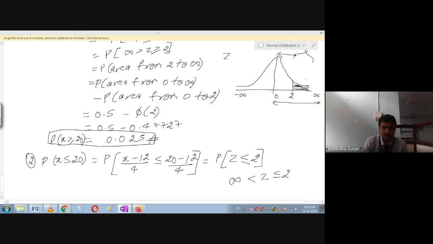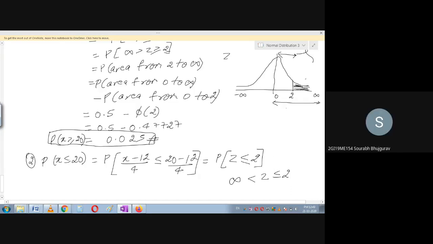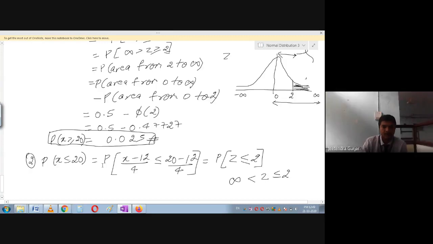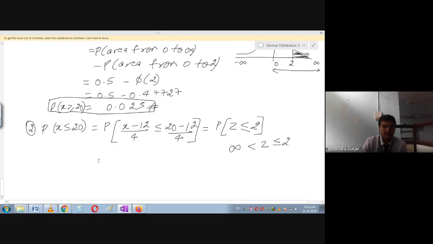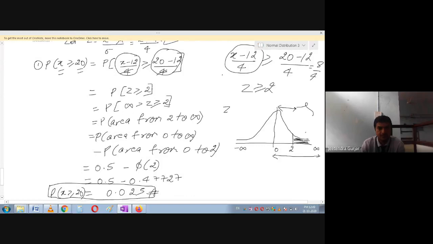Please calculate what you will get as the answer, students. Same thing you can process. If z is less than or equal to 2, means this is from 2 to infinity you have calculated.